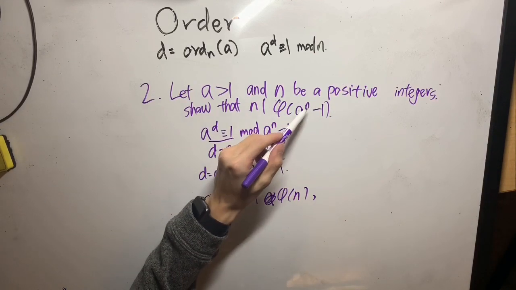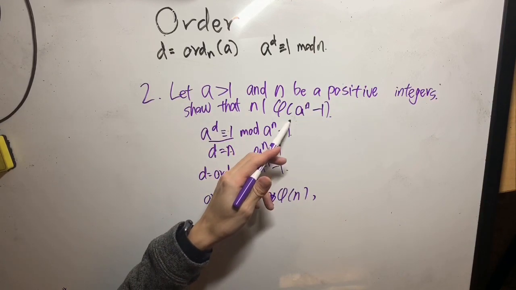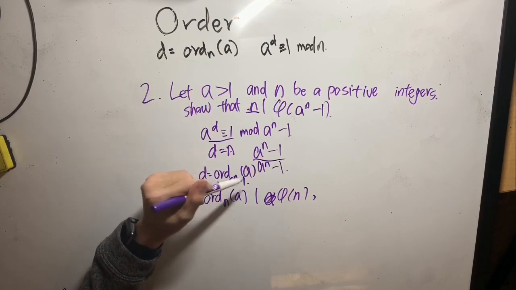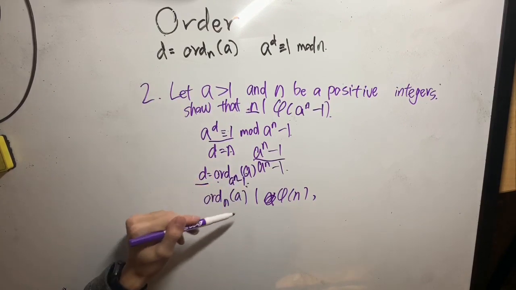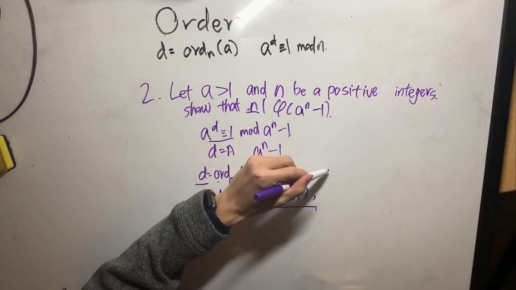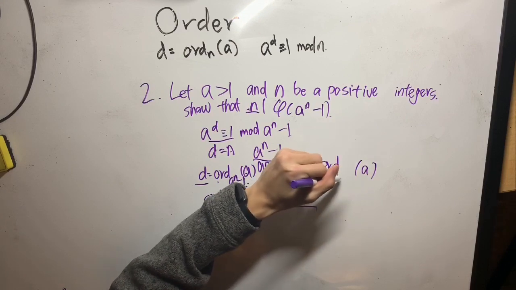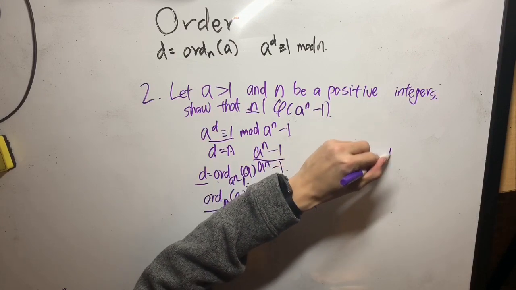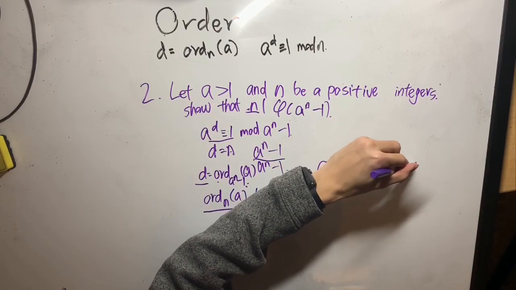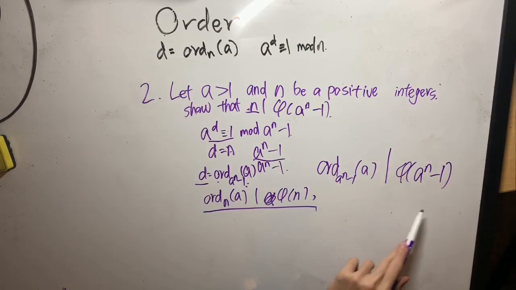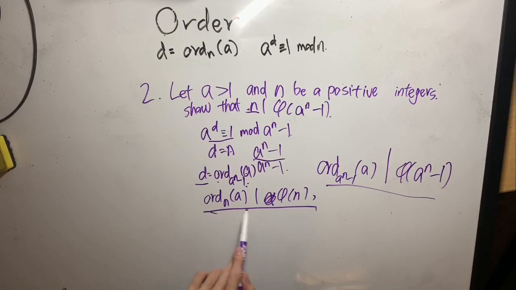So phi of a to the n minus 1 is divisible by n, where n equals d equals the order of a modulo a to the n minus 1. So the order of a modulo a to the n minus 1 divides phi of a to the n minus 1. That's the same as the properties.